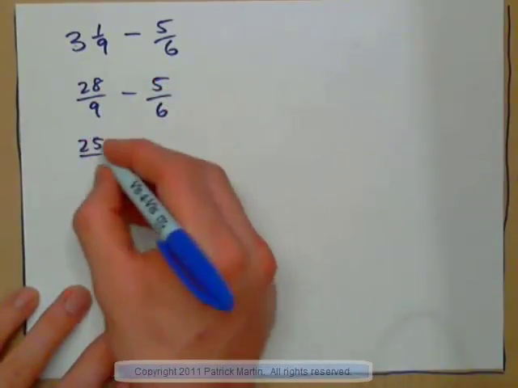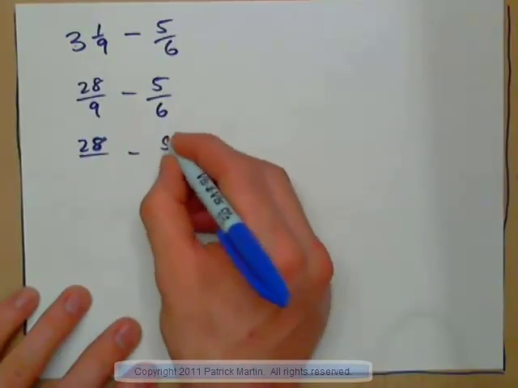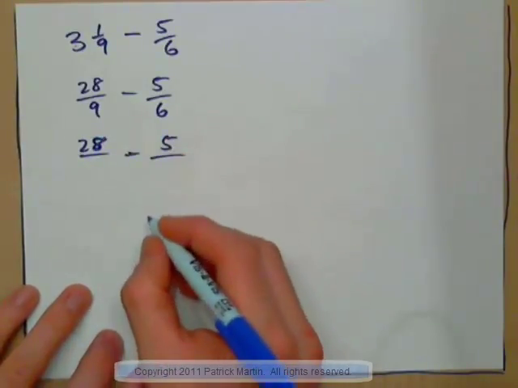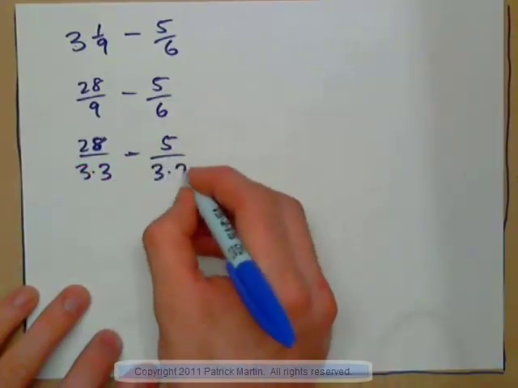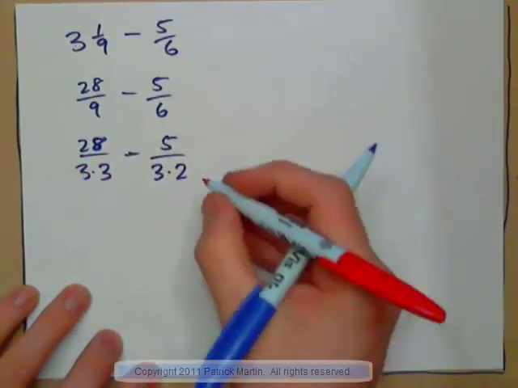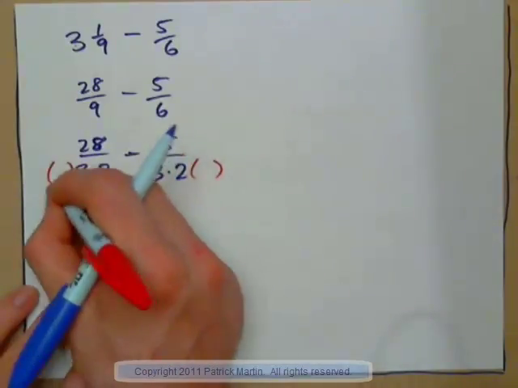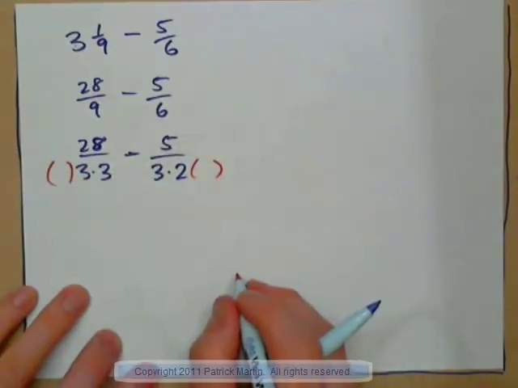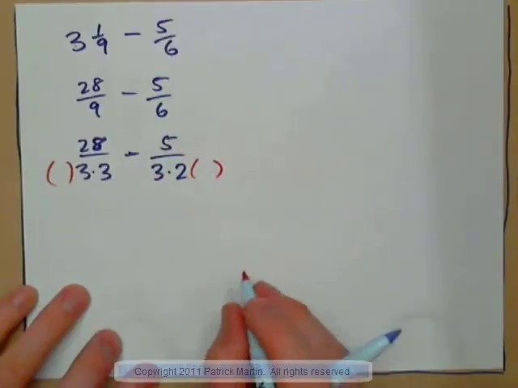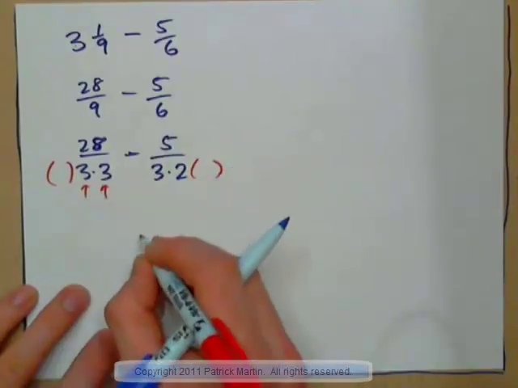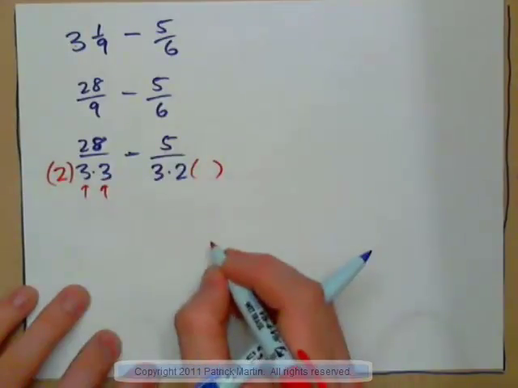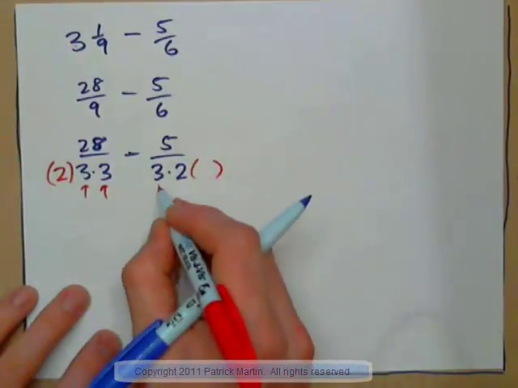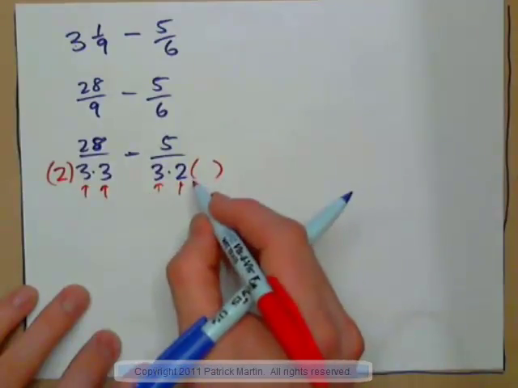Now factorize the bottoms. 9 is 3 times 3, 6 is 3 times 2. Now make the bottoms the same. Put a factor here and a factor here to make the bottoms the same. Now this is a 3 and another 3. So if we put a 2, now we've got the 3 and the 2 from here, right?